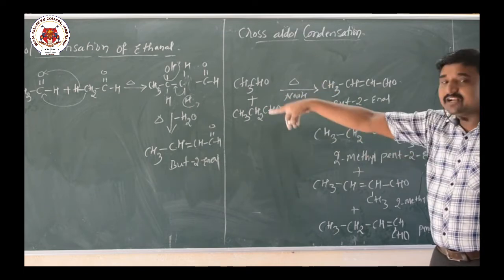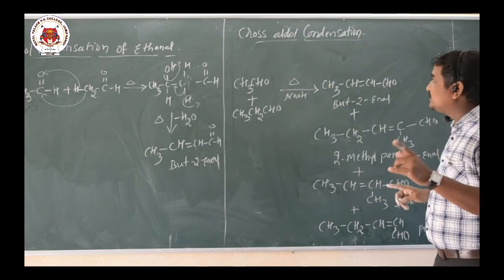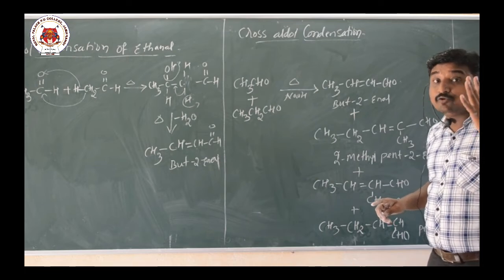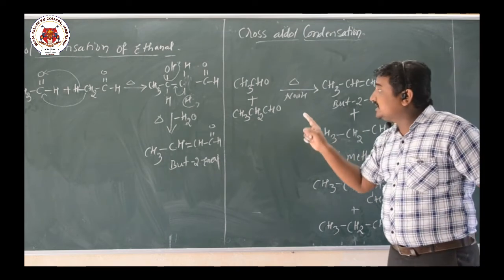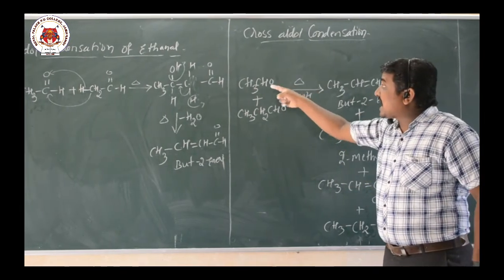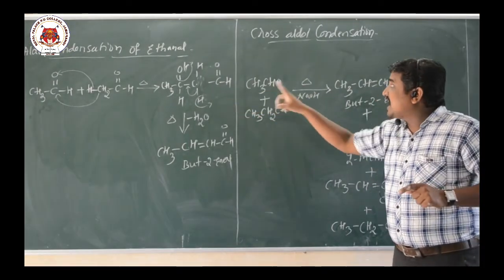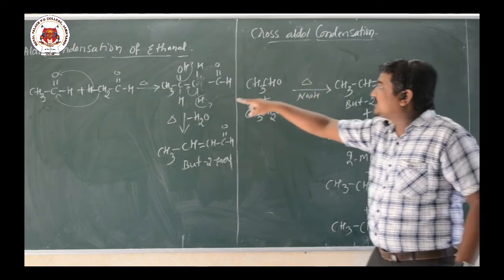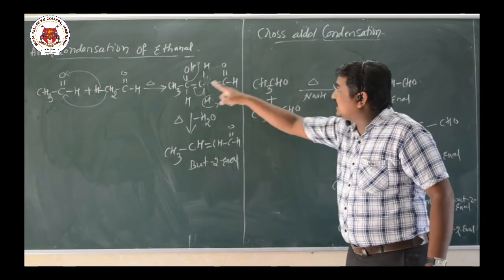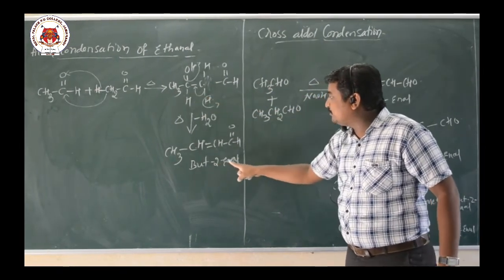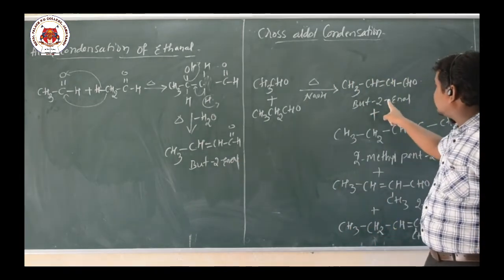Why we will get a mixture of 4 products: in the first case ethanal adds to ethanal, you will get one product like this only. Ethanal adds to ethanal, so here I have taken the same. In the first case, ethanal adds to ethanal, we will get but 2 enal, this product only.